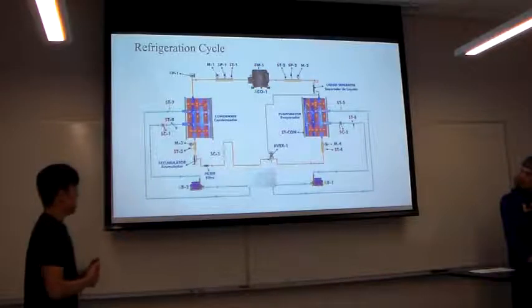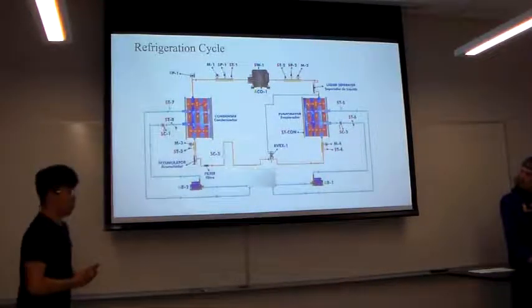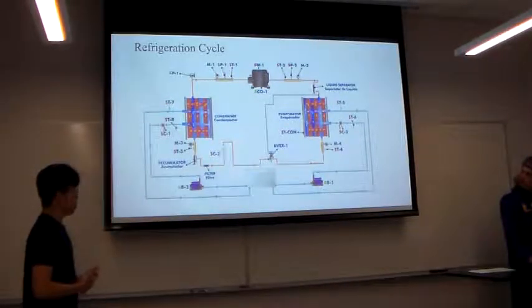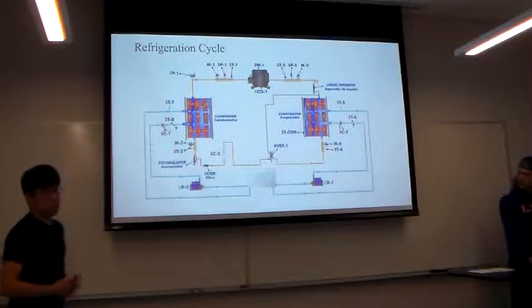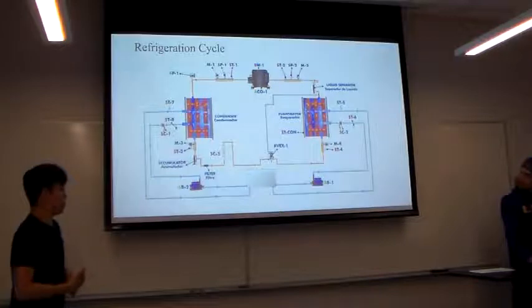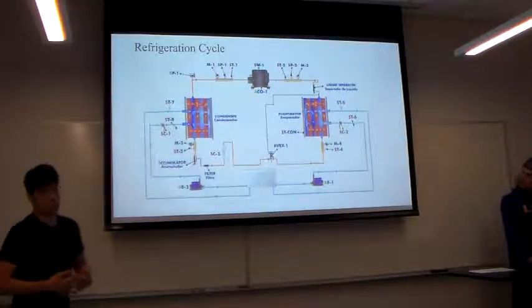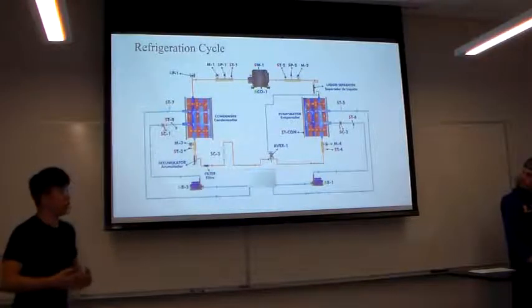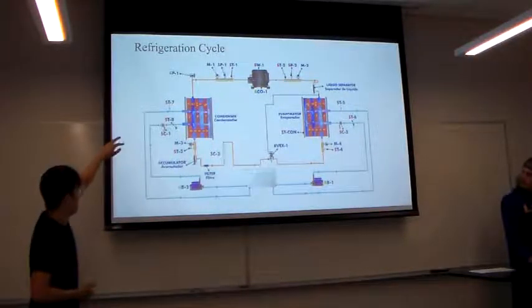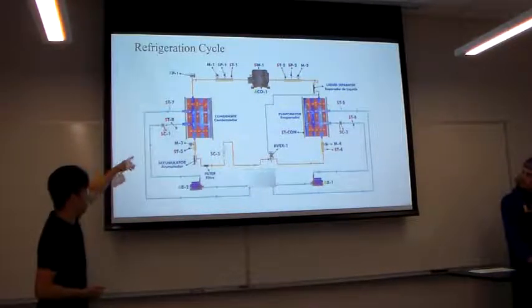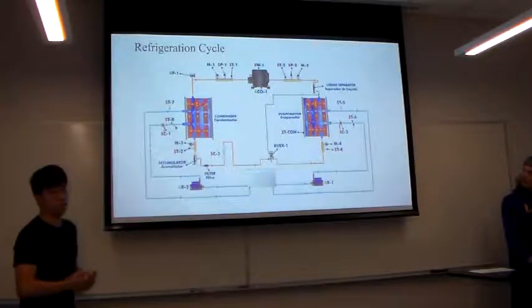The reason there's a water tank here is to quantify both the QH and QL. As we know, the water is a compressed liquid, so we could use Q equals m C delta T to calculate the QH and QL. The delta T is the temperature difference between the inlet and outlet for both the condenser and evaporator.